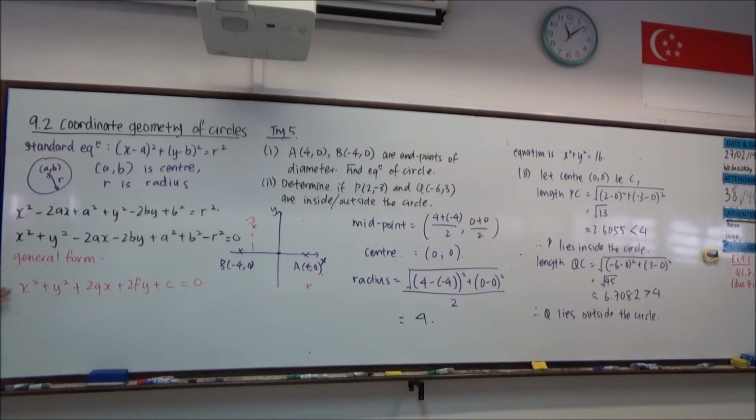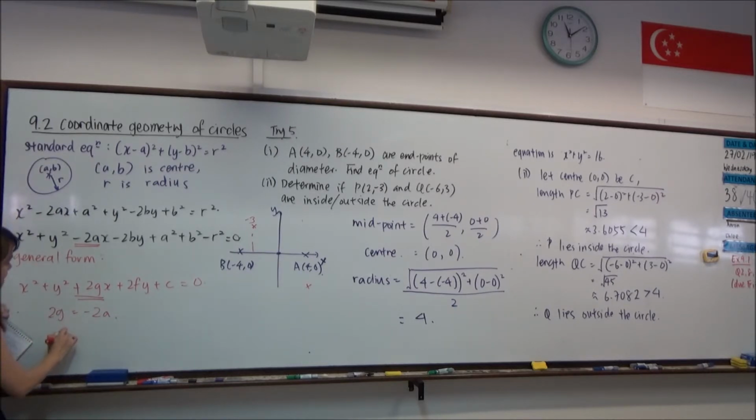So how do we actually get this and how do I link to this? We find that G and F and C are actually certain constant values. 2G itself is the coefficient of X, and in this case the coefficient of X is negative 2A. So therefore 2G is negative 2A. A, by the way, is the X coordinate of the center.